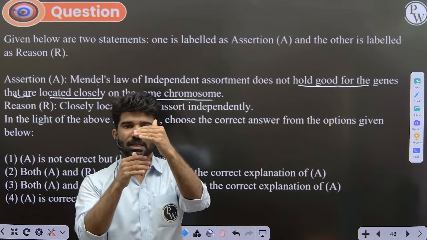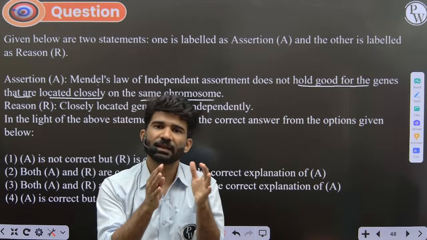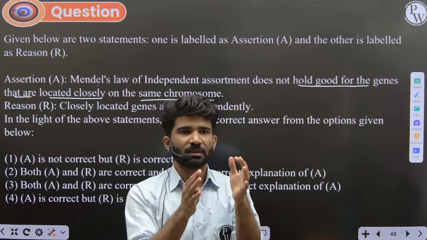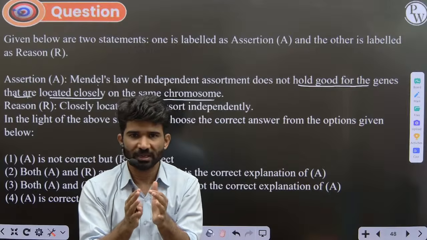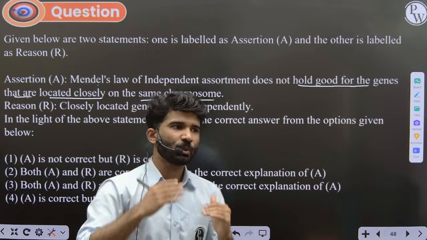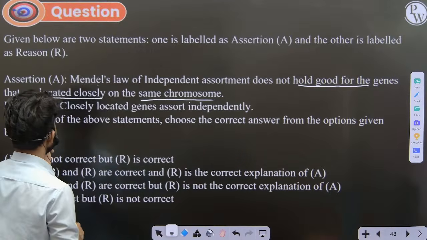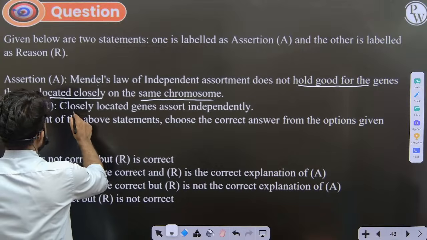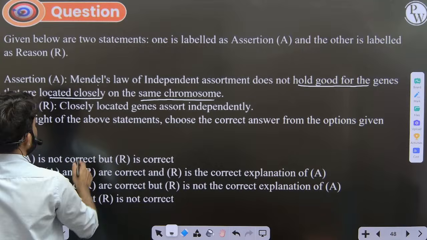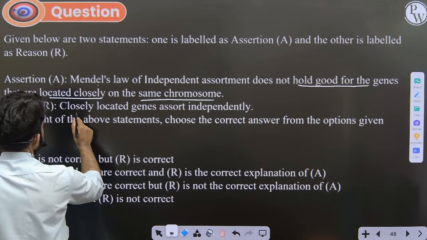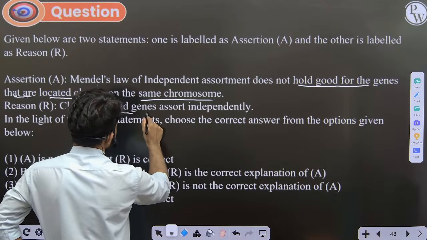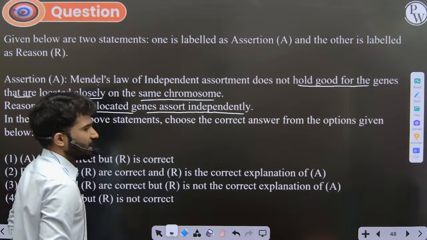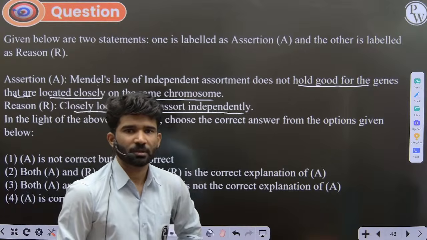If the genes are closely linked, they tend not to separate, so the possibility of segregation is less because they are closely associated. So the assertion is right. The reason says the closely located genes are independent. Is it true or false?